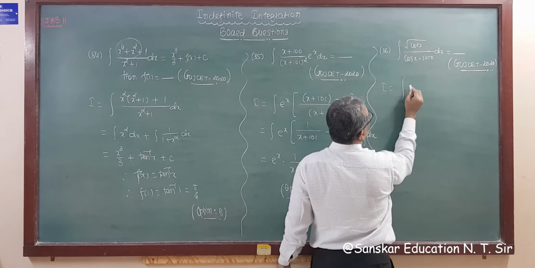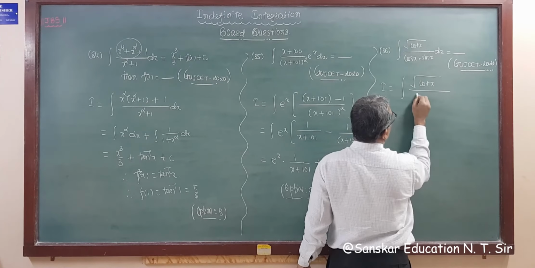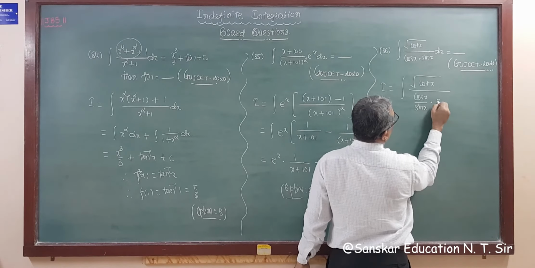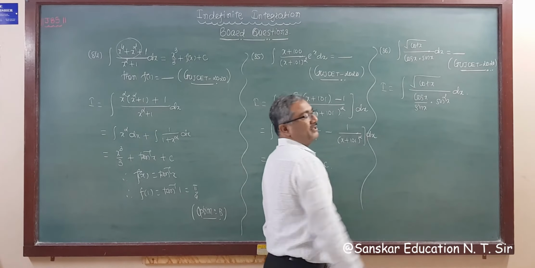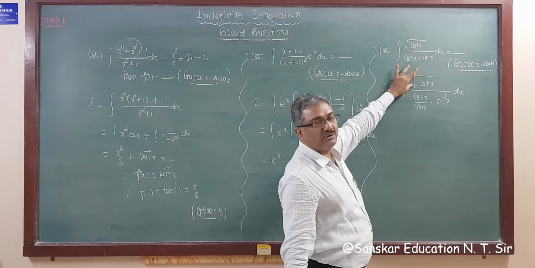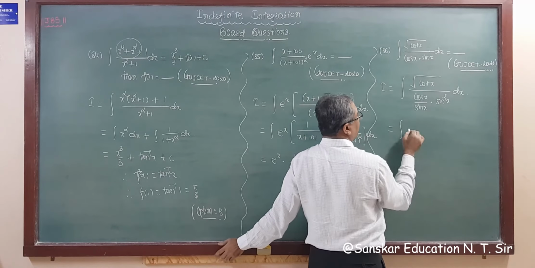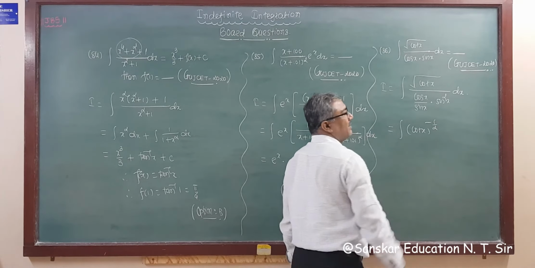What we get? Integration root cot x whole upon, this is cos x upon sin x into sin square x dx. Got it? This is cot. This is root cot. So if we take this into the numerator, this cot x becomes minus half, right?